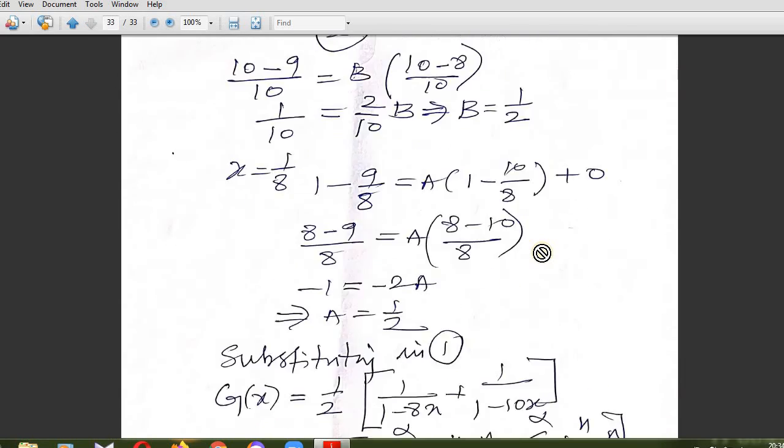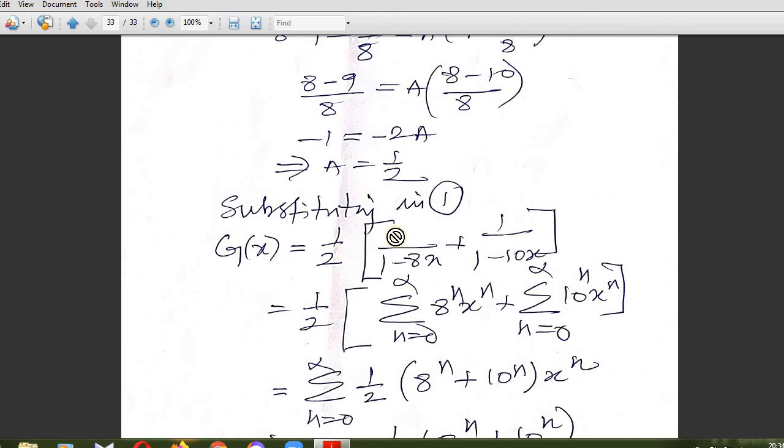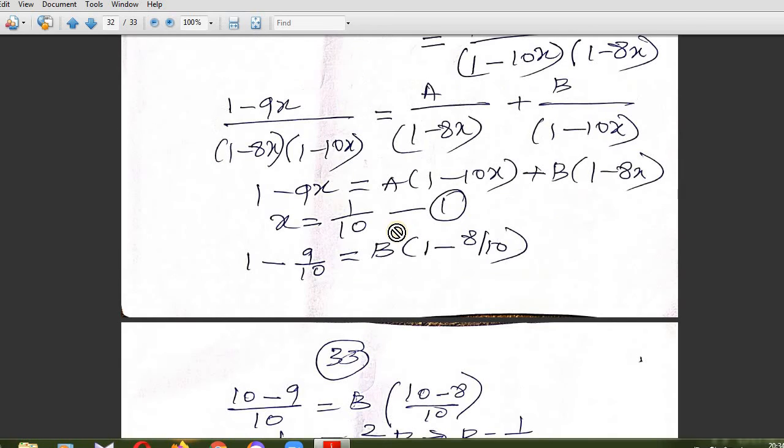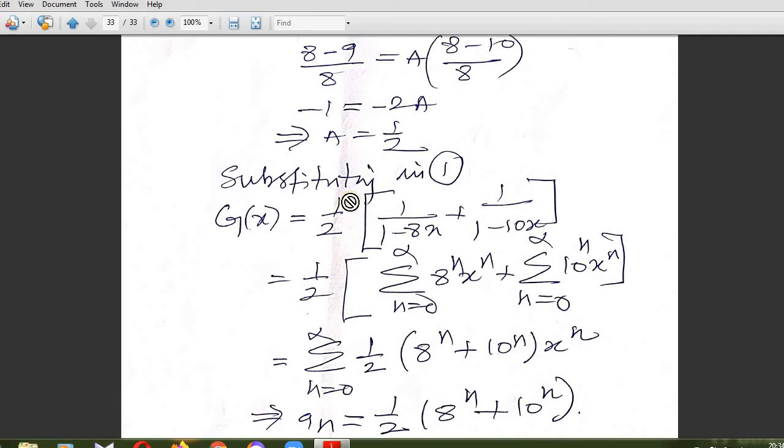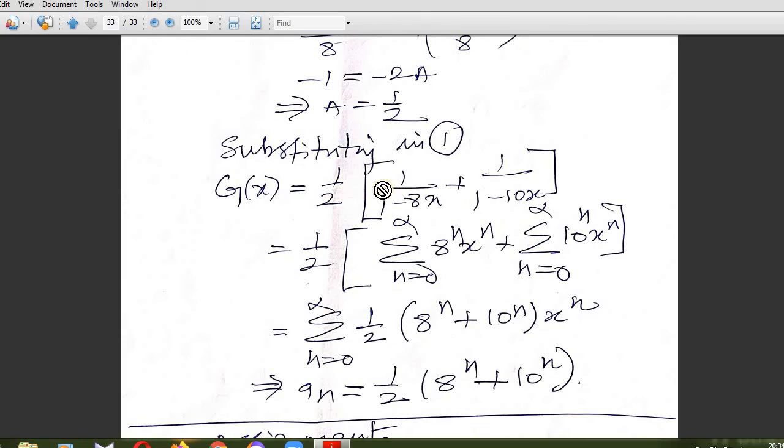Okay, so if you substitute that in this equation, a by 1 minus 8x plus b by 1 minus 10x, what you are getting here is 1 by 2 common, bring it out, 1 by 1 minus 8x plus 1 by 1 minus 10x. Okay, so outside 1 by 2 is common, but here already we know the power series that this is in the denominator.